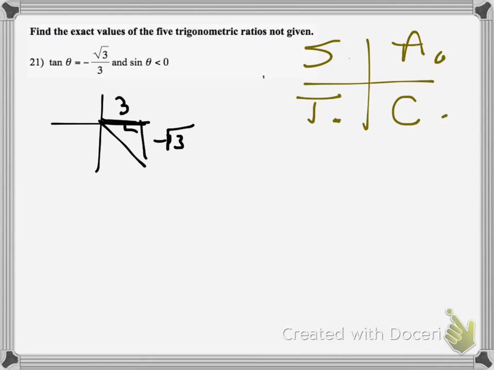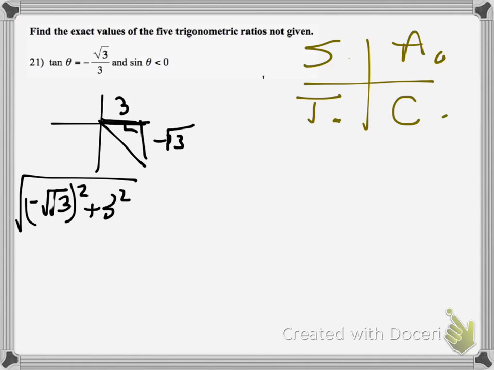Okay, and then you use your Pythagorean theorem to find the hypotenuse. Please remember, guys, if you are plugging this into your calculator, that is fine, right? You're going to take the square root of negative radical 3 quantity squared plus 3 squared.